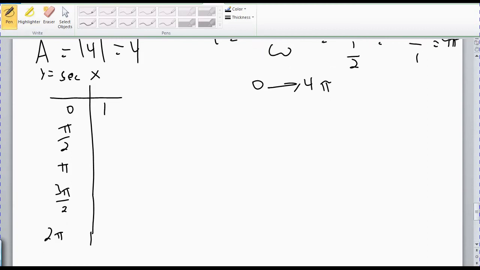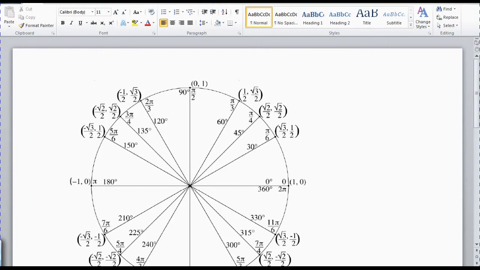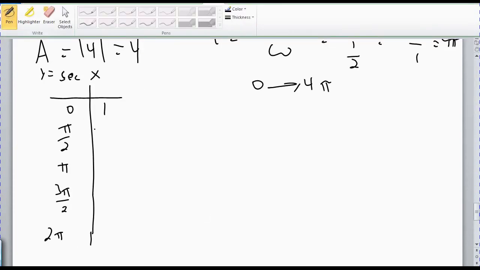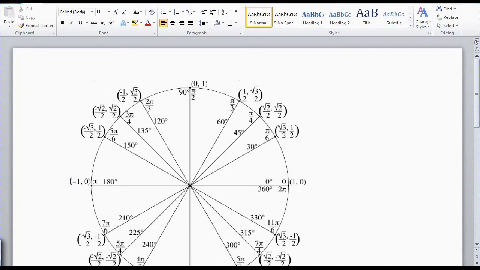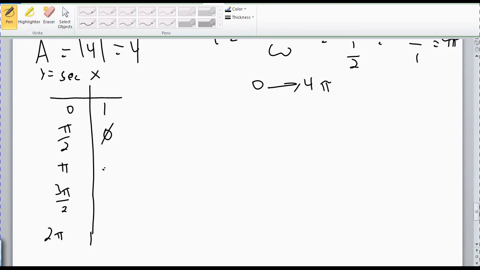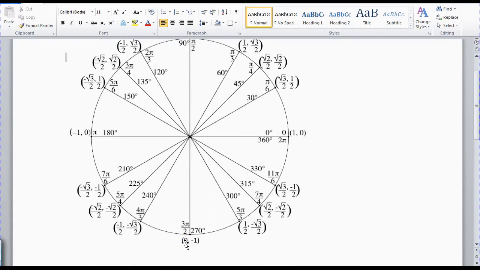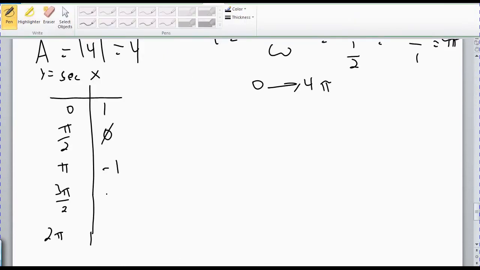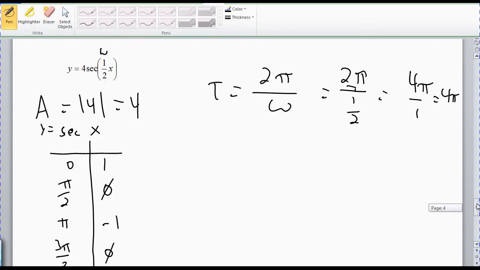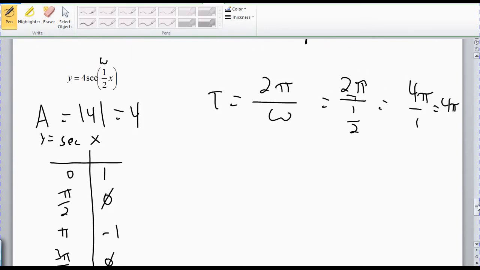And then for pi halves, x is 0, and 1 divided by 0 is impossible to do. Asymptote. Undefined. 1 over negative 1 is negative 1. 3 pi halves, 1 over 0 is undefined. And 2 pi is the same as 0, so it's 1. Now, we actually want to do y equals 4 secant 1/2 x.